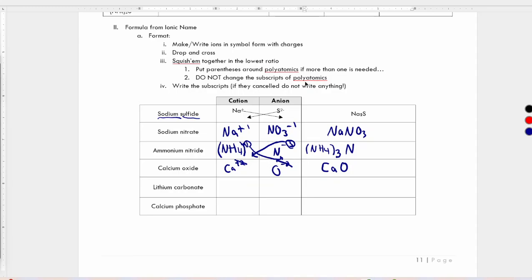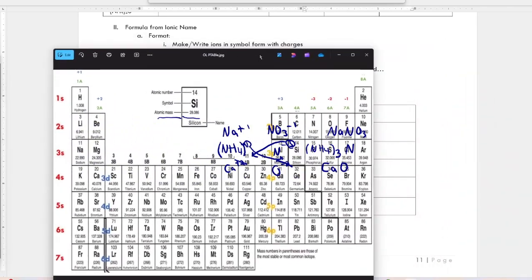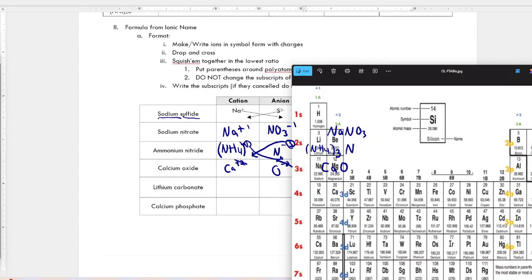Nothing more. Next one, lithium. We've seen lithium a bunch already today. I'll show you just one more time. Lithium is a +1 ion because it's an alkali metal. Lithium's right there. It's +1. But it says lithium carbonate.